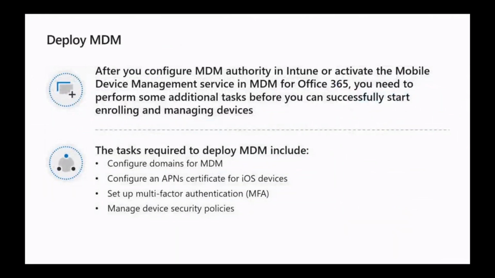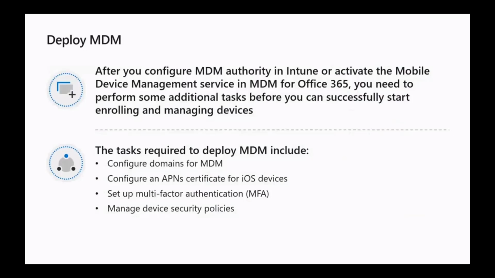After you configure your MDM authority in Intune or activate the mobile device manager service in MDM for Office 365, you will need to perform some additional tasks before you can successfully start enrolling and managing devices. The tasks required to deploy MDM could include configuring domains for MDM, that is, from which domains the application can be connected, and configuring an APN certificate for iOS devices.